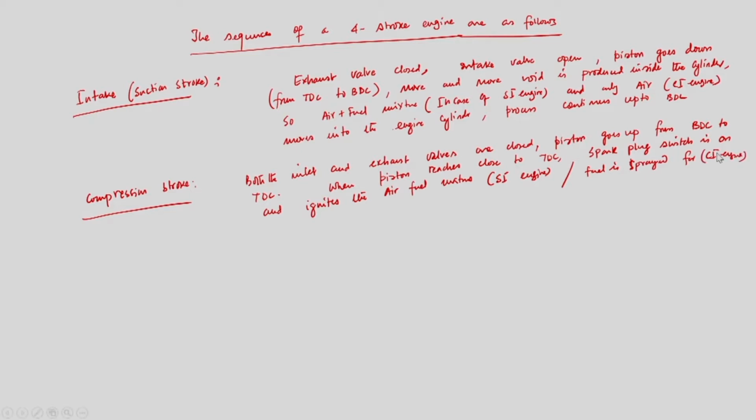So, the piston goes up from BDC to TDC, the piston reaches close to TDC, the spark plug switch is on and ignites the air fuel mixture in case of an SI engine.